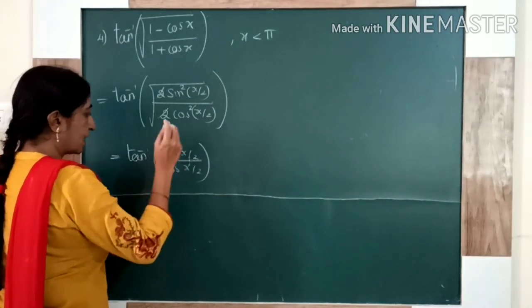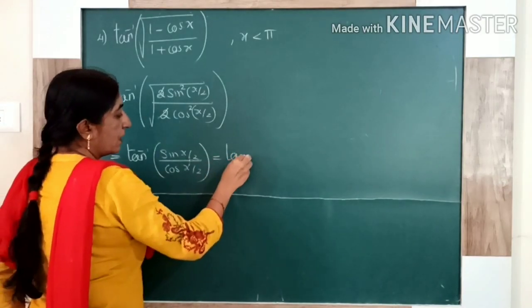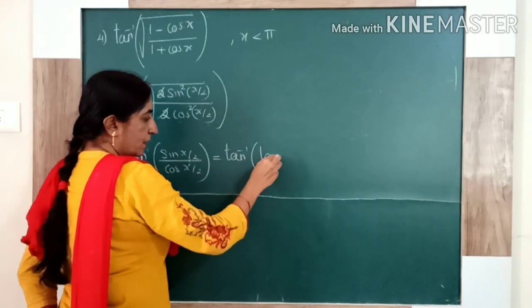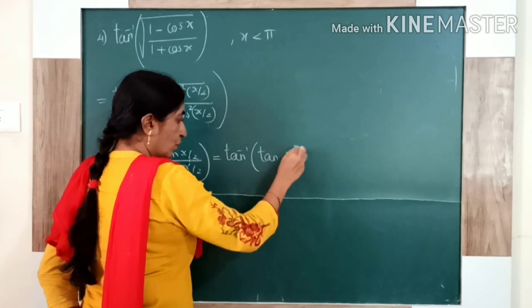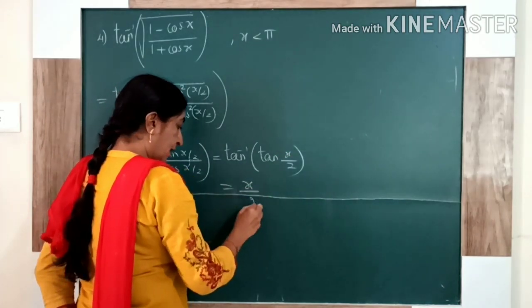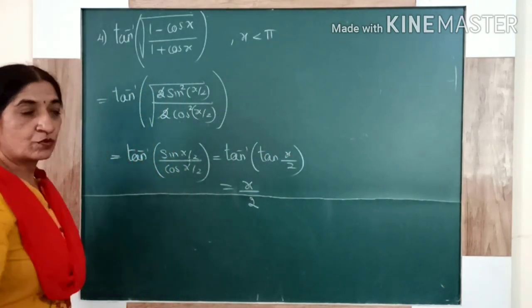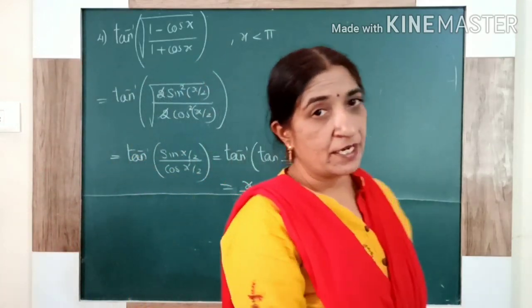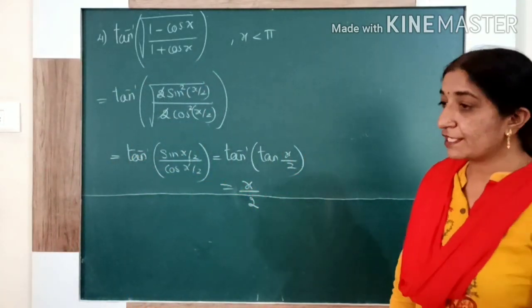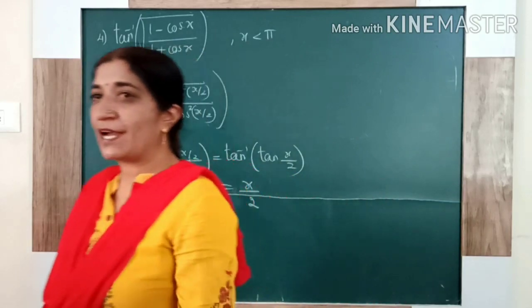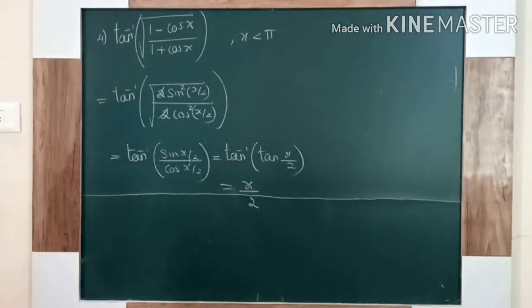Square root and square get cancelled. Tan inverse of tan x by 2. So tan inverse and tan get cancelled, x by 2. See, here we cannot do any substitution. It depends on the problem what we have to do, whether the substitution or direct formula.